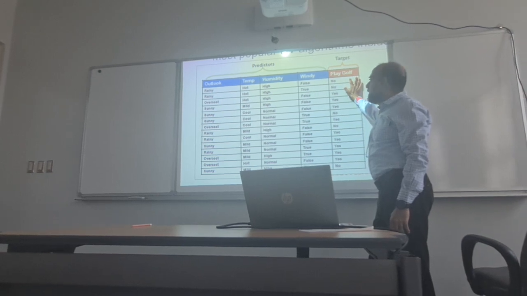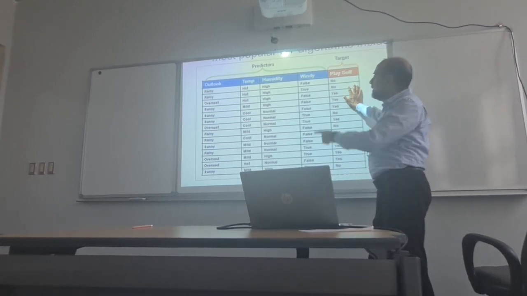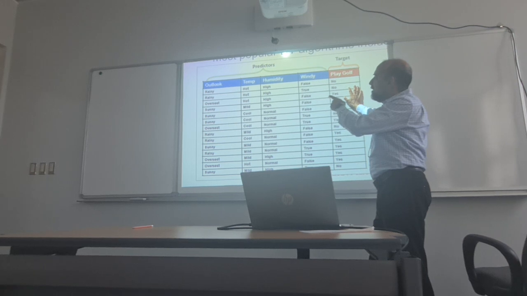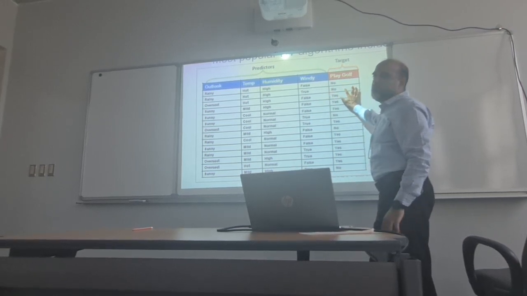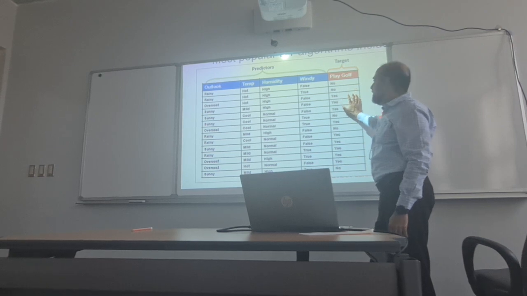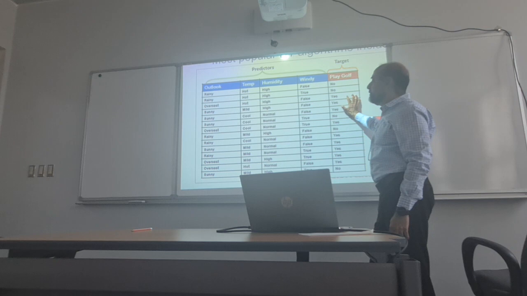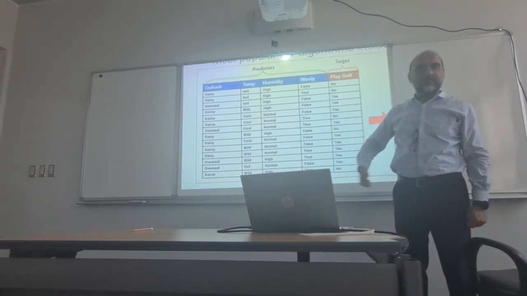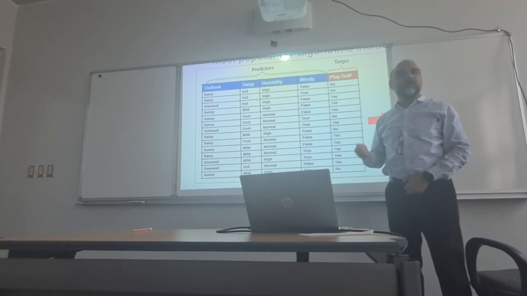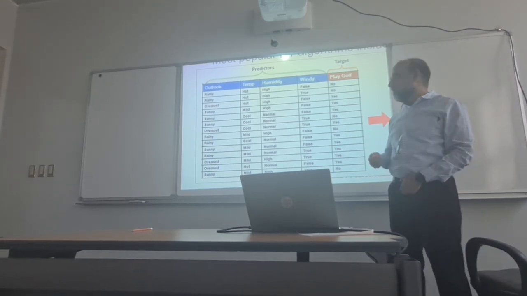Another one, it was rainy, hot, high humidity, but even windy, still people decided not to play golf. But when we say overcast, hot, high humidity, no wind, people have played. So we collected a lot of data, whether people have decided to play golf or not, okay?